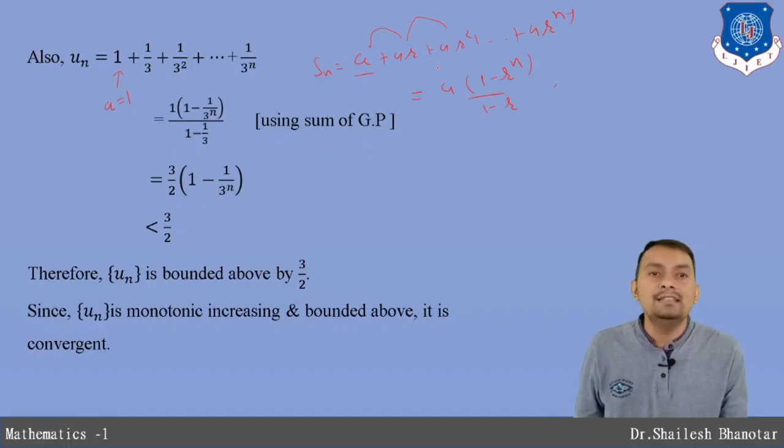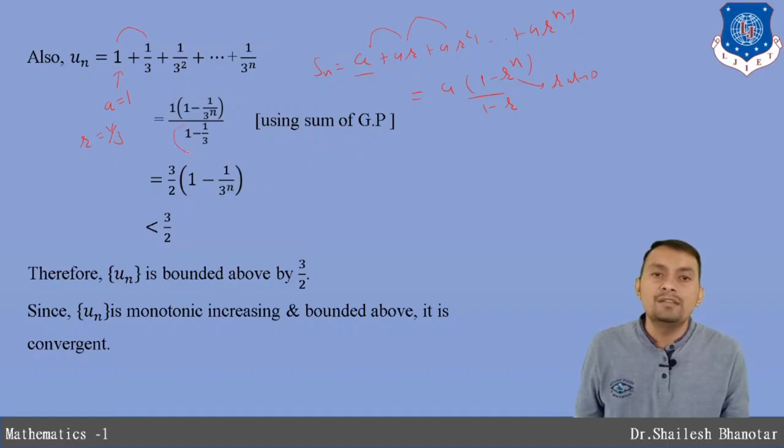So we are going to get only the ratio r. So second divided by first, r is nothing but 1 by 3. Third divided by second, 1 by 3 again. So I replace r by 1 by 3 and a is equal to 1. So I will be left with this.